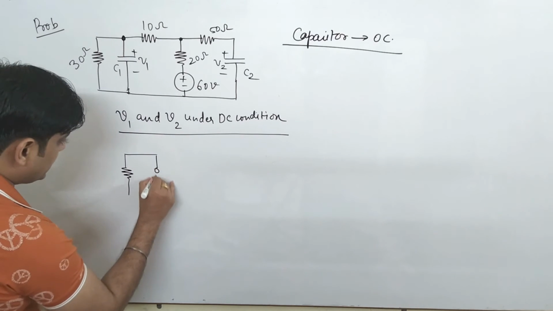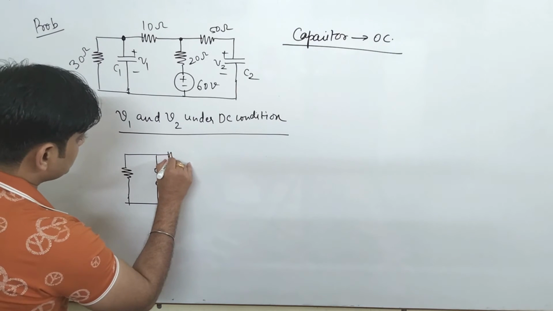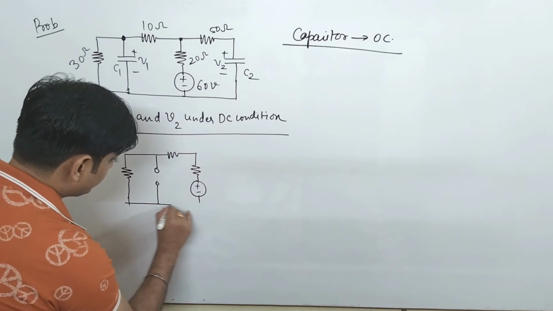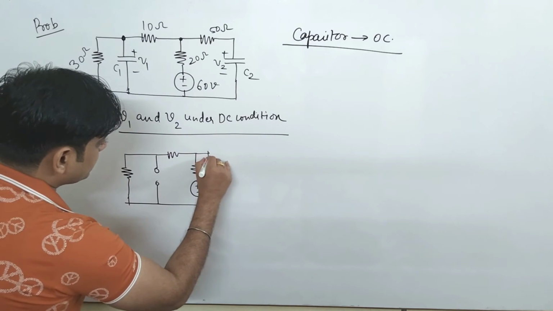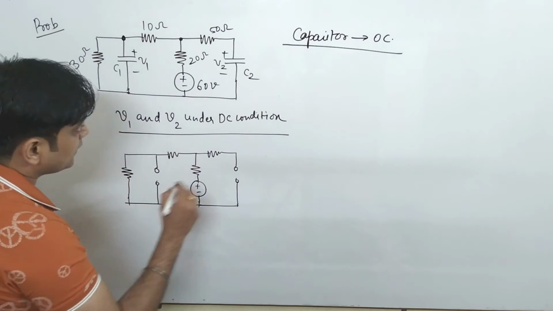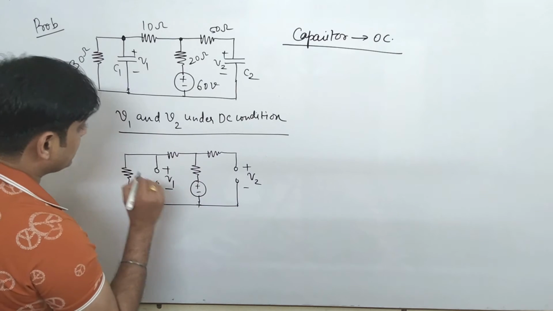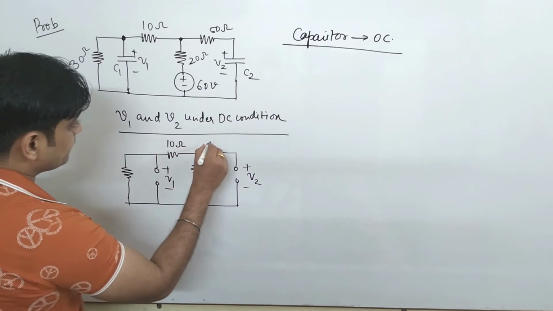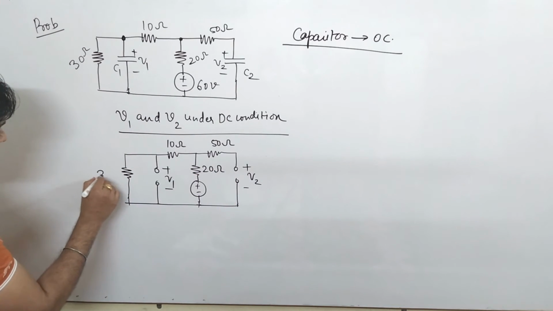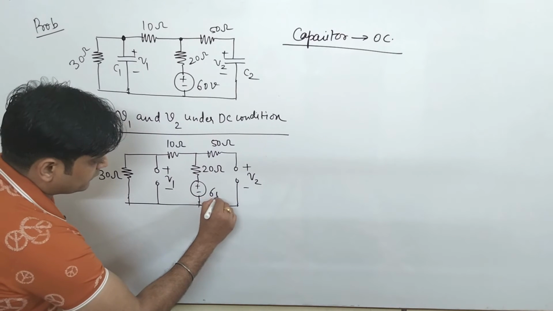Now under DC condition, this is your circuit. This value is V2, this value is V1. This is your 10 ohm, this is your 50 ohm, this is your 20 ohm, and this is your 30 ohm, and this is your 60 volt.